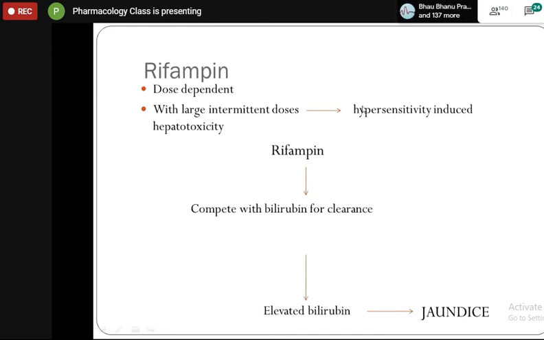If you elaborate this type of toxicity, rifampin can act as an antigen, so they will produce a chain of reactions, an antigen-antibody reaction, that can damage the liver. So that will be your hypersensitivity-induced hepatotoxic effect.